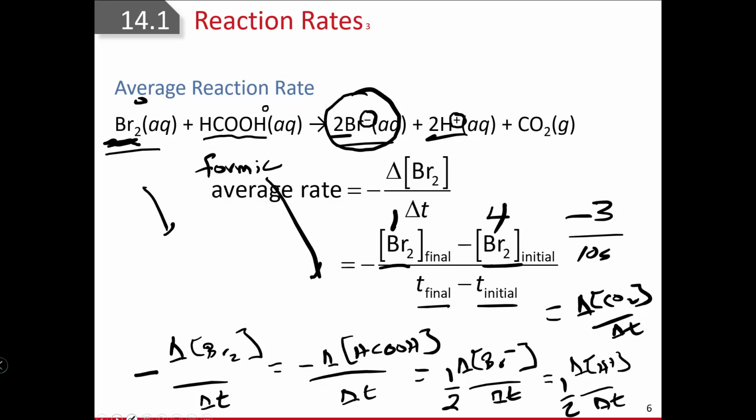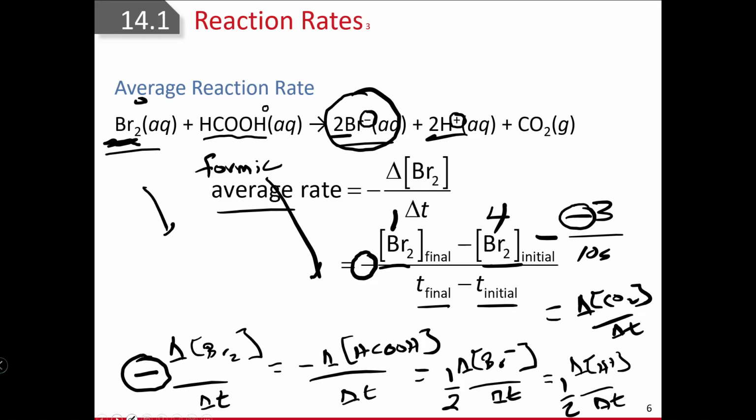It doesn't matter. It can be any time, but this negative, we can't have a negative for our overall rate, our average rate. So that's why we have the correction factor of a negative here. You see it there, you see it there, you see it here. So just keep that in mind.